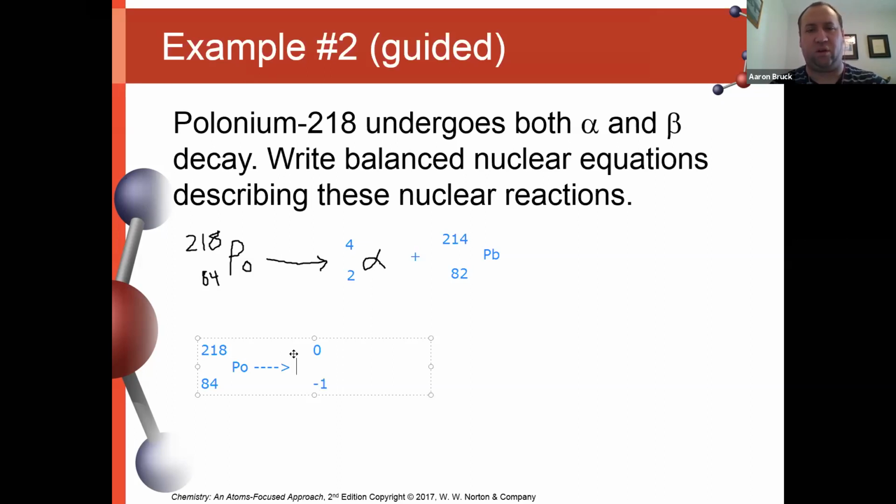The atomic number is -1. And so I can either show that as an electron, e, or I can draw it in.